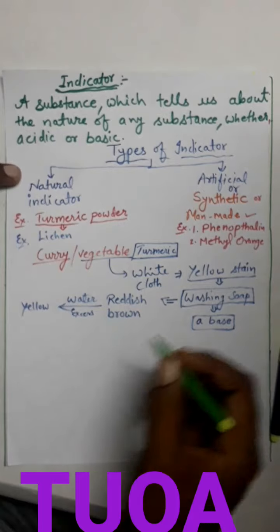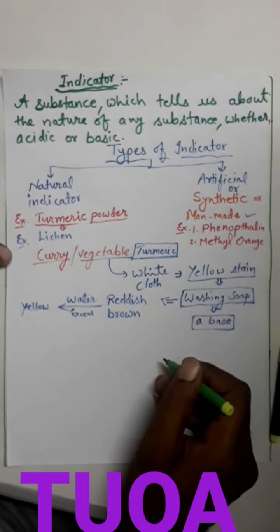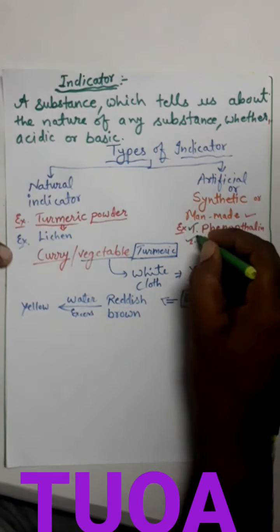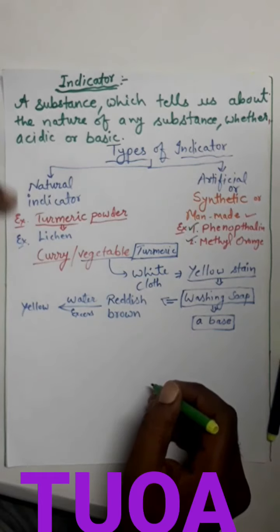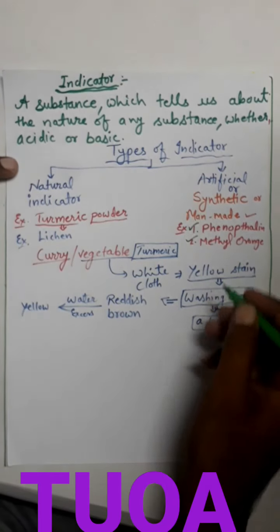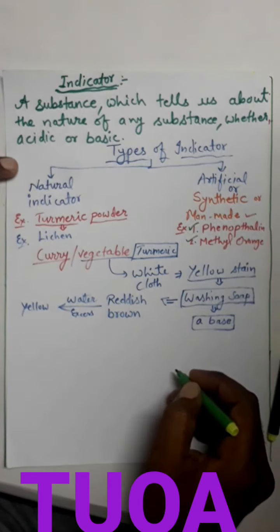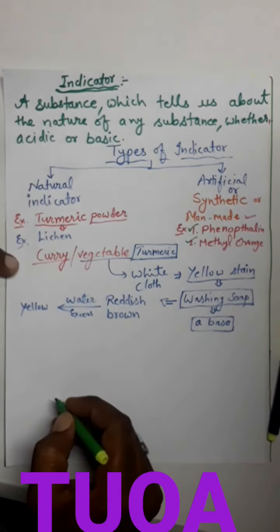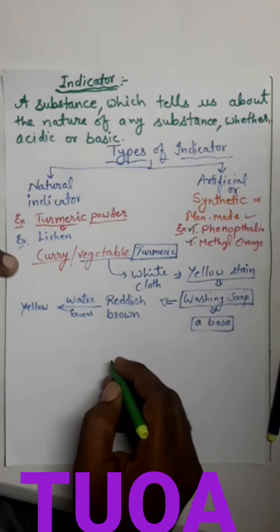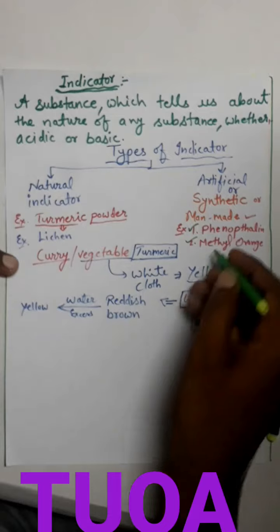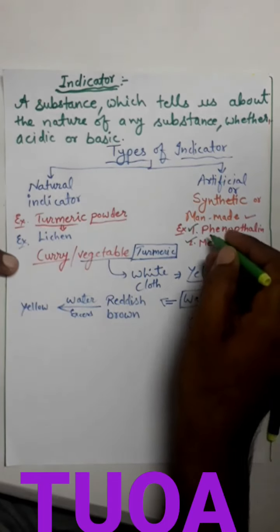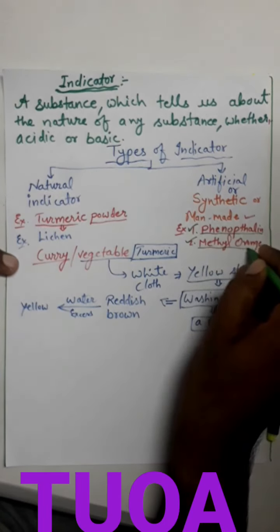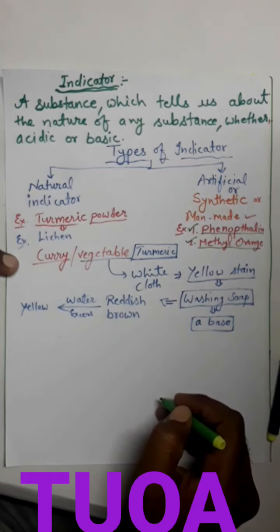Okay, next phenolphthalein and methyl orange. These are the artificial or synthetic or man-made indicators. We will be using these indicators in the chemistry lab, and in detail we will be discussing them while performing experiments.